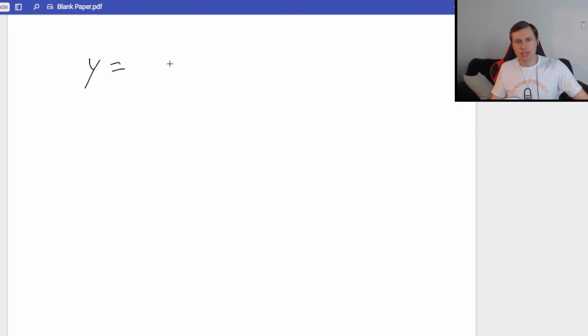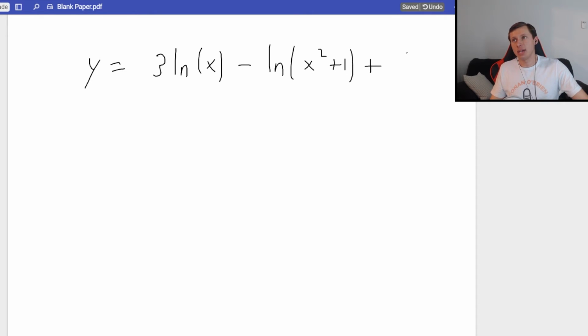Next up, let's say we have y equals, this time I'm going to go in reverse order. Let's say this time I have 3 natural log of x minus natural log of x squared plus 1 plus, let's say, 5. And I want to bring this all into one natural log. How would I do that?